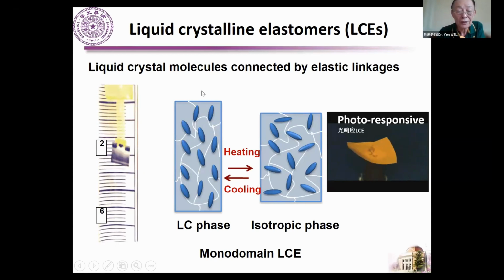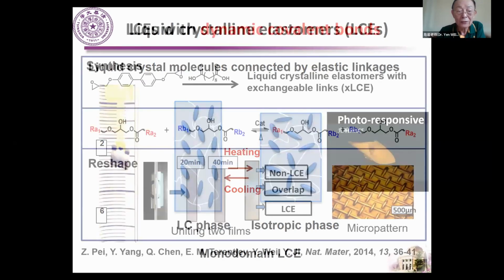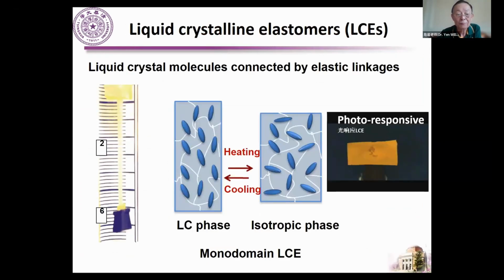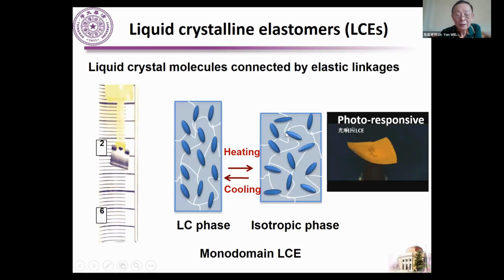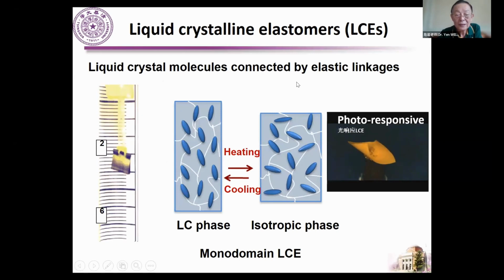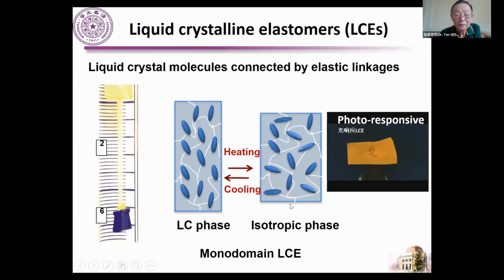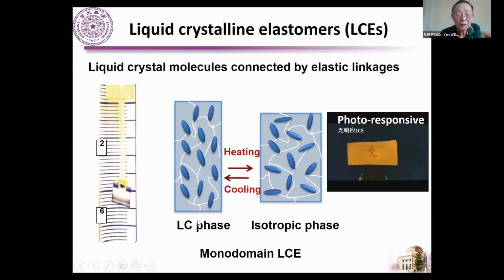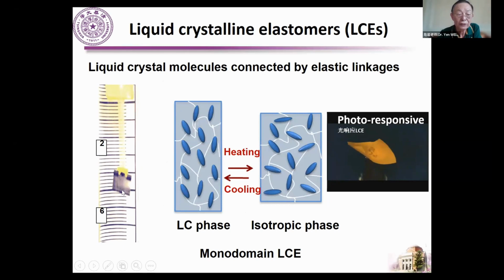Therefore, we have optical displays and all kinds of television stuff. However, we notice the change in physical dimension. They conserve the volume, so when the z-axis is smaller in the random state, once you orient it, the z-axis becomes longer. That's our actuator.